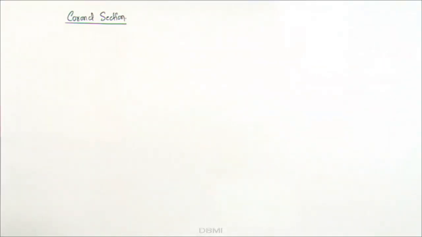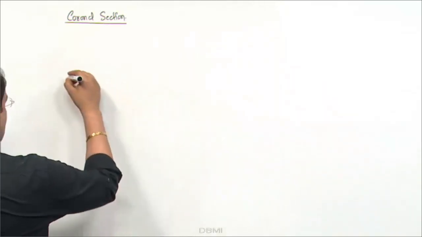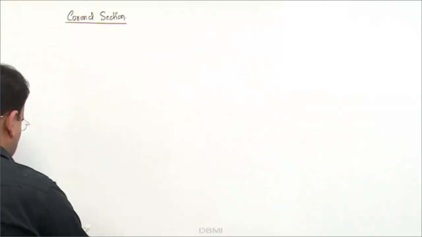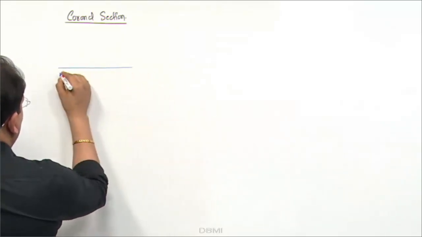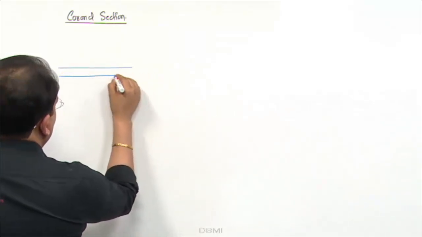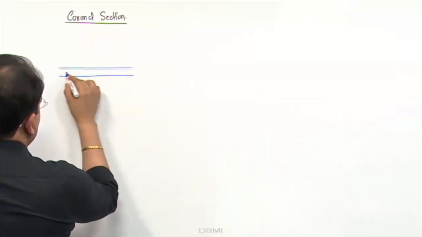So let's take a coronal section, and let us understand how things will look. So guys, if I take a coronal section, first of all, how will the corpus callosum look? Corpus callosum will be like this, going from one cerebral hemisphere to another cerebral hemisphere. This is corpus callosum.